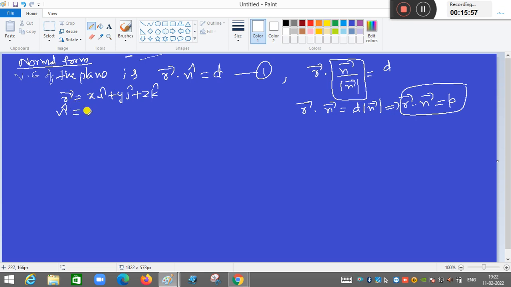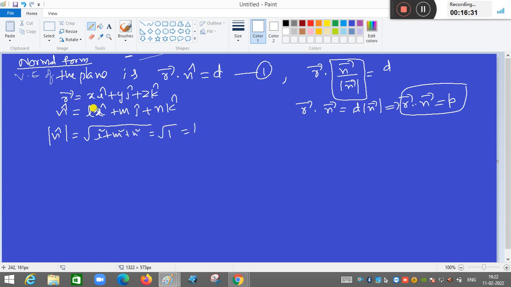N cap we can take l i cap, m j cap, n k cap. This we can write because these are the direction cosines. Unit vector, because this square plus this square plus this square must be 1. Since it is a unit vector, the magnitude of this is l square plus m square plus n square, which is 1.